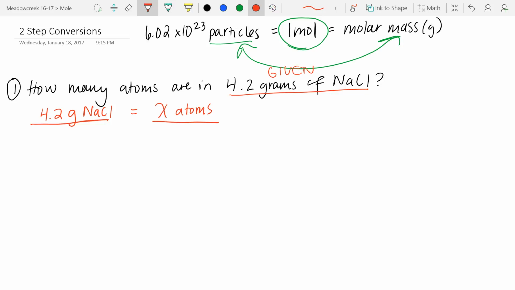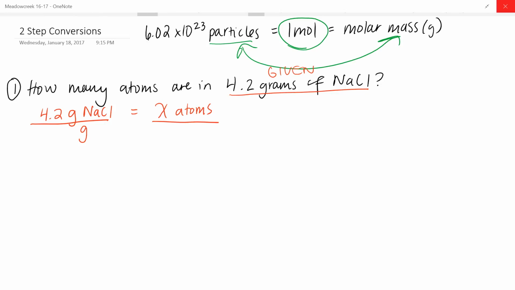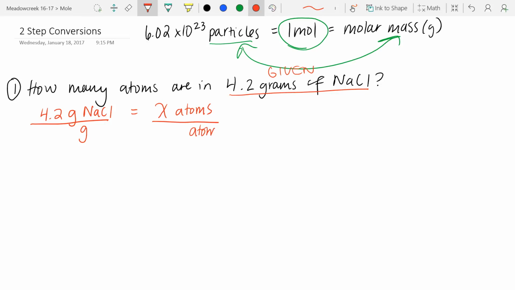So because I have grams on the top, I'm going to put grams on the bottom of my left side, and because I have atoms on the top over here, atoms will appear on the bottom. Now, which number goes where, and how do I know where to put things? Well, grams is represented by our molar mass. So I need to calculate the molar mass of NaCl.